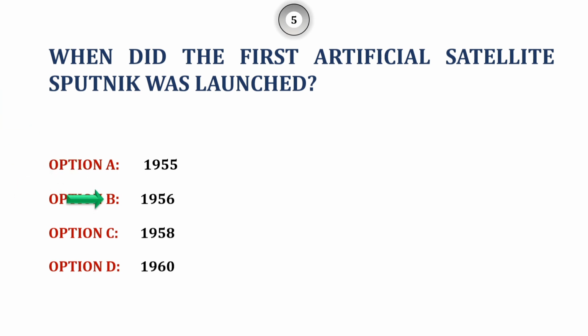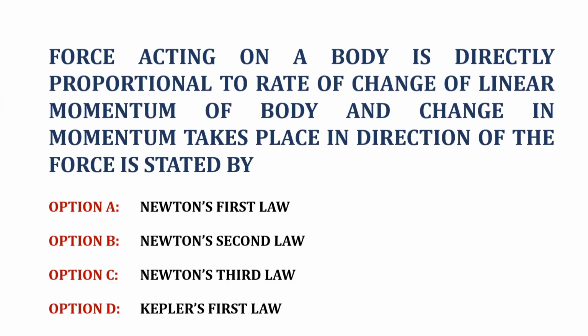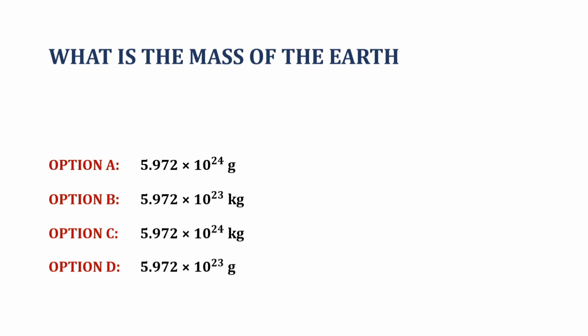Option B, 1956. Force acting on a body is directly proportional to the rate of change of linear momentum of a body, and change in momentum takes place in the direction of the force, is stated by? Option B, Newton's second law.